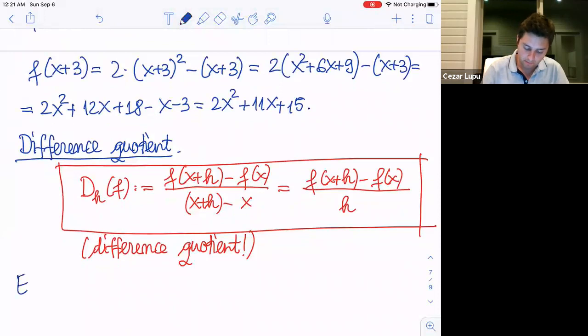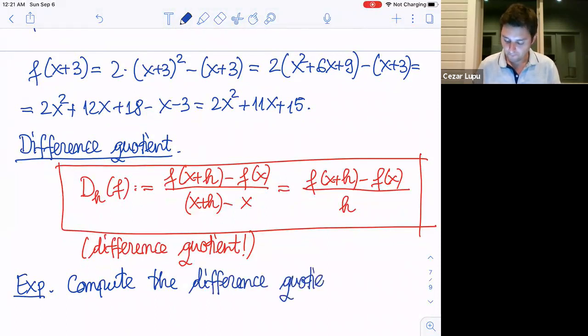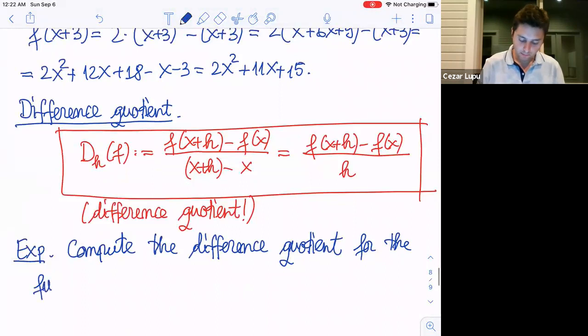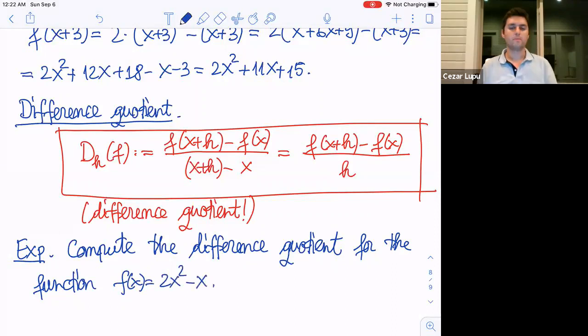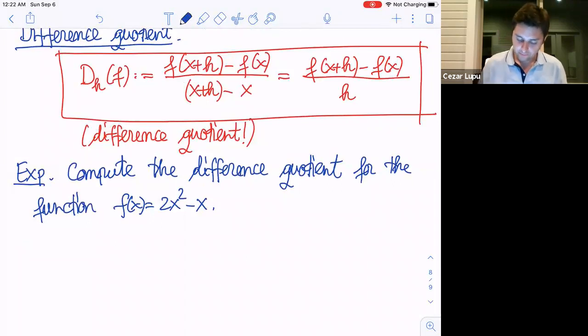For example, compute the difference quotient for the function f of x equals 2x squared minus x, right? That's what we want to do. Okay, let's do it.